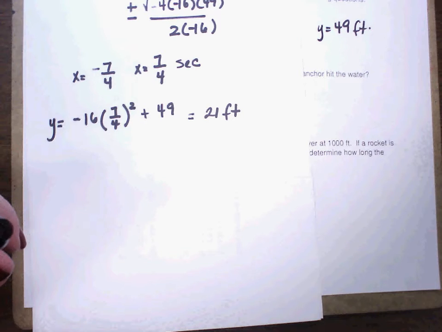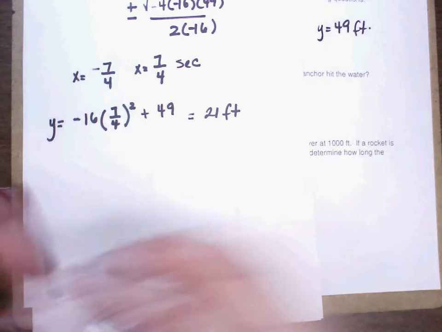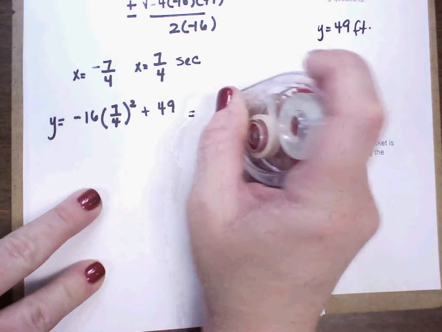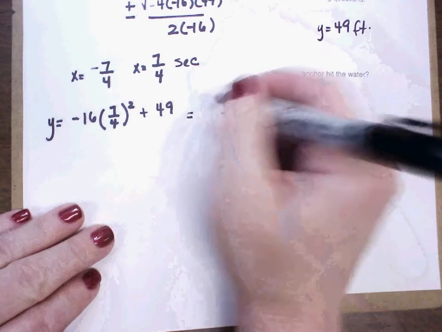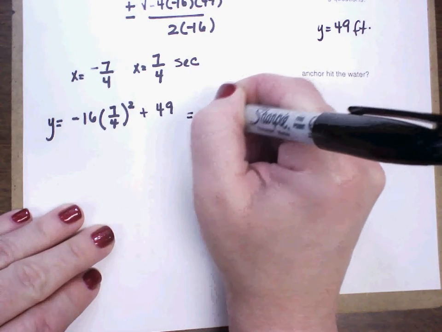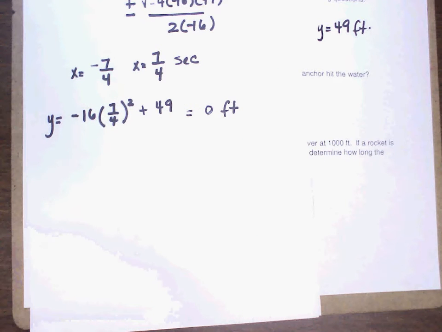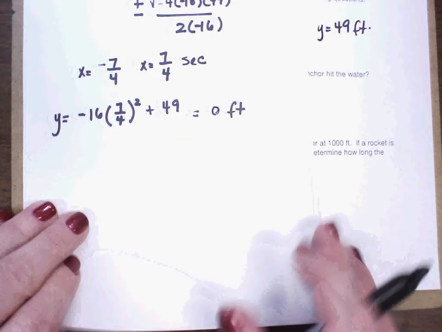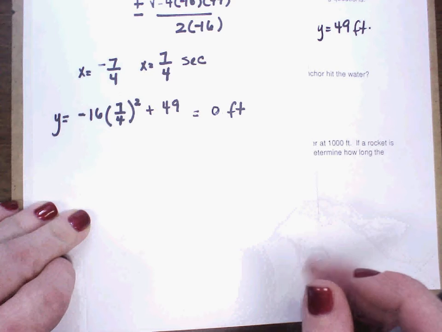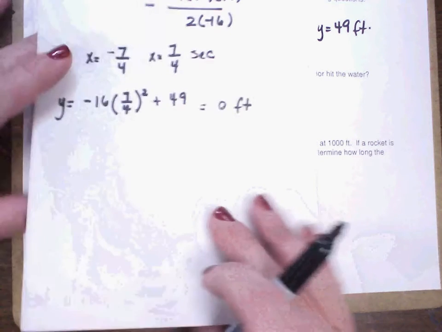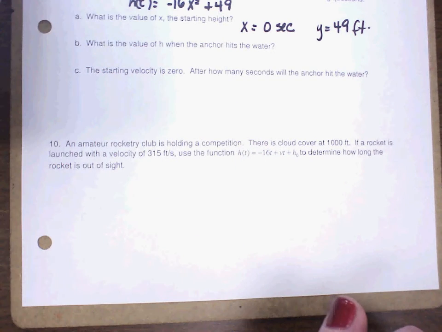So this is 0? Alright, let's do the next one. The starting velocity is 0. After how many seconds will the anchor hit the water, if the starting velocity is 0? That would be 7/4 seconds, right?